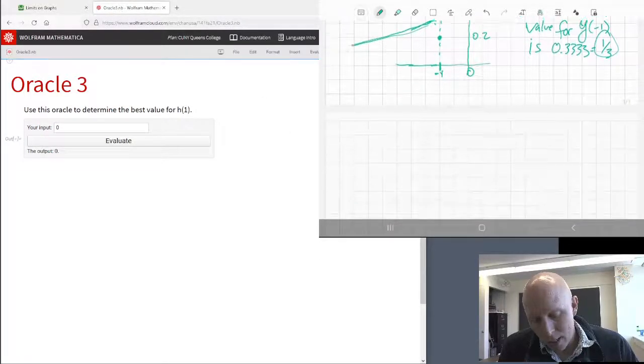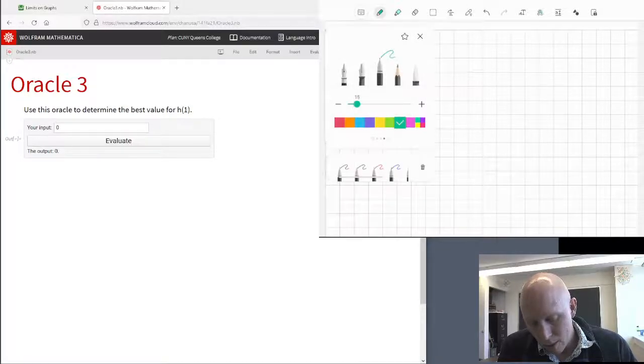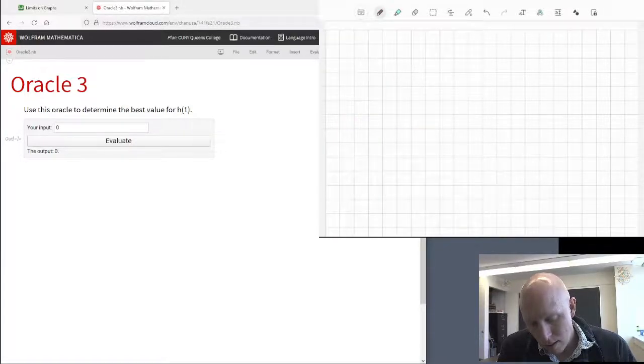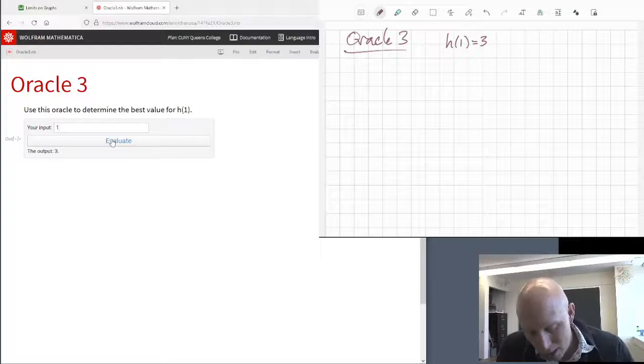Alright, let's find the best function value for h of 1. So oracle 3. We're trying to find h of 1. Let's plug in 1. What do we get? We get 3. Okay, but we now know that maybe that's not the best value for the function there if we're ignoring what's happening at 1.